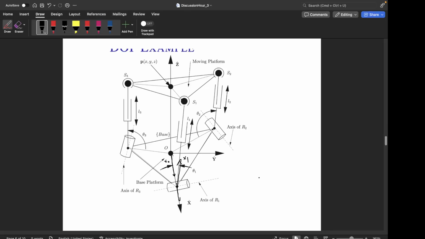So this we take as x0, and here we take it as x1. And about the z, this is the z of the joint. Okay, so now here, it is marked as pi by 2 minus theta 1.